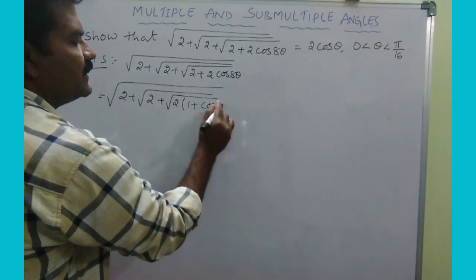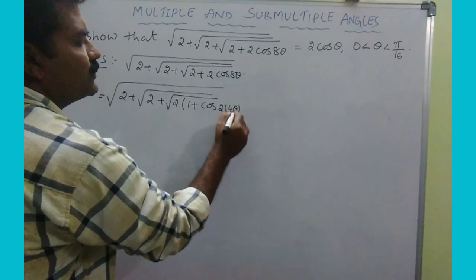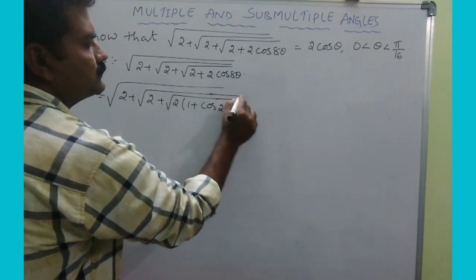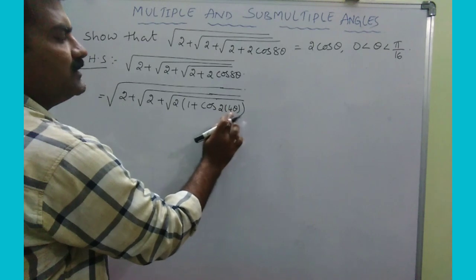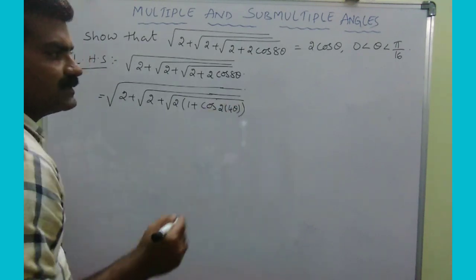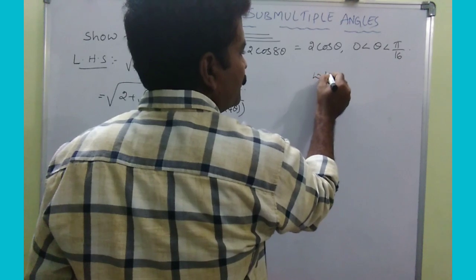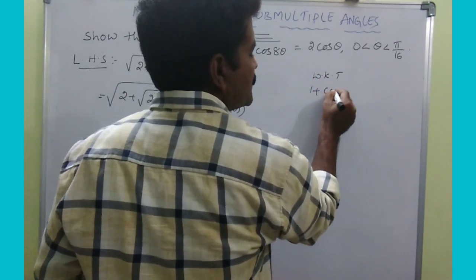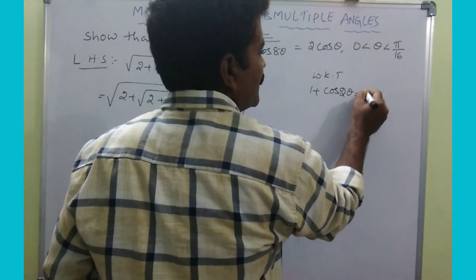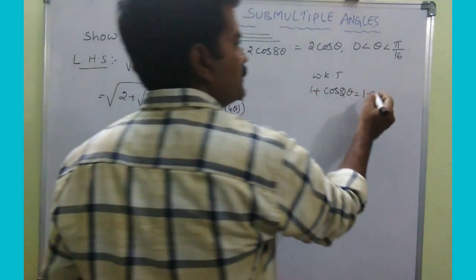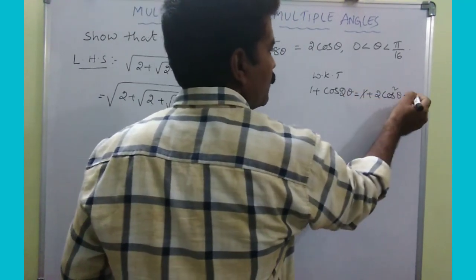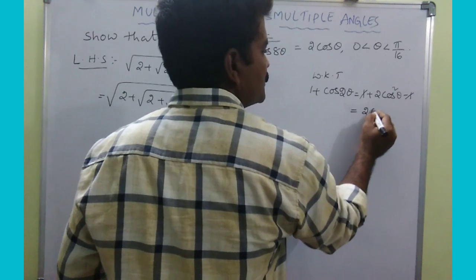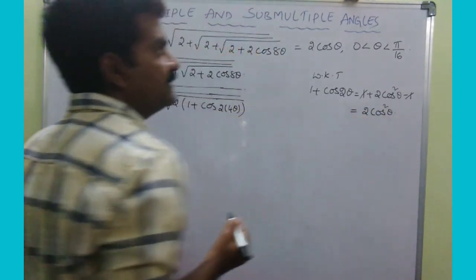So cos 8 theta, can I write it as cos 2 into 4 theta? Now this is like 1 plus cos 2 theta, and we know that 1 plus cos 2 theta formula is 2 cos square theta minus 1 plus 1. So 1 gets cancelled, which equals 2 cos square theta.